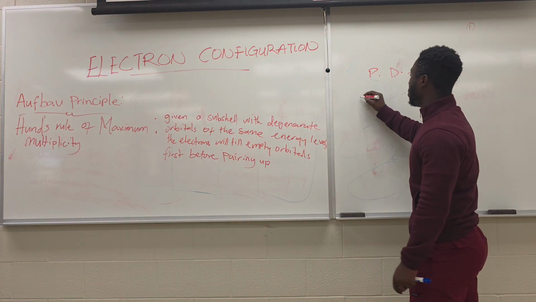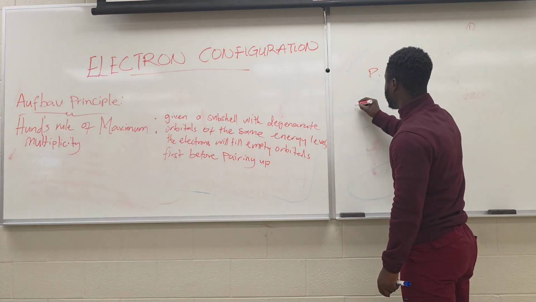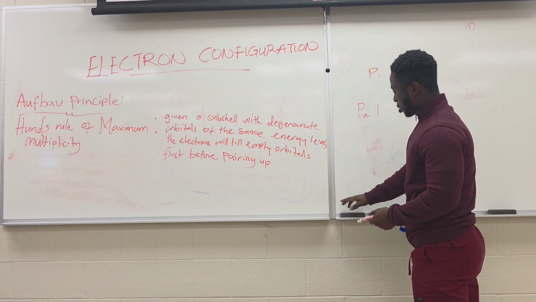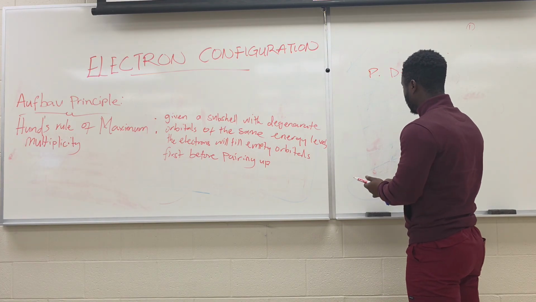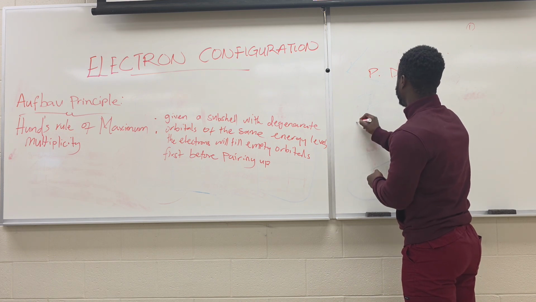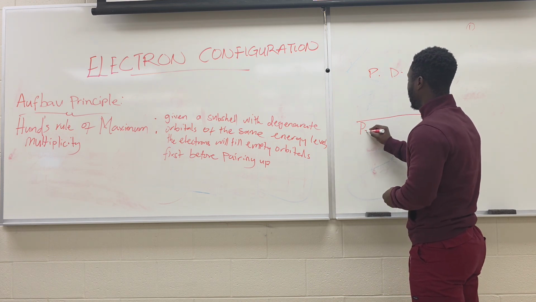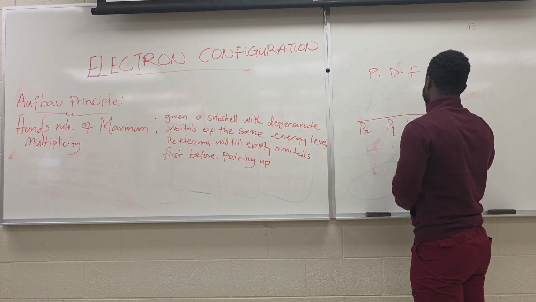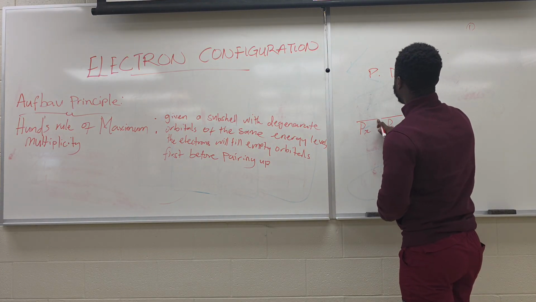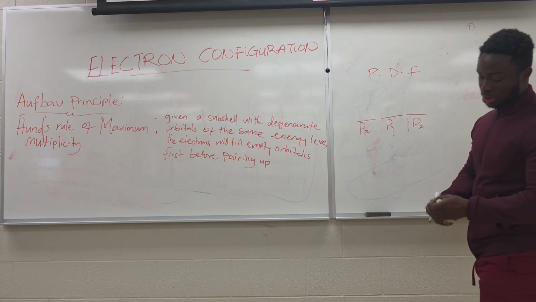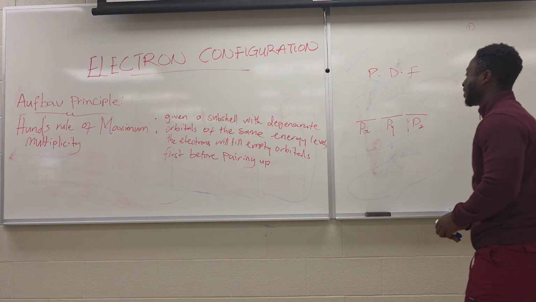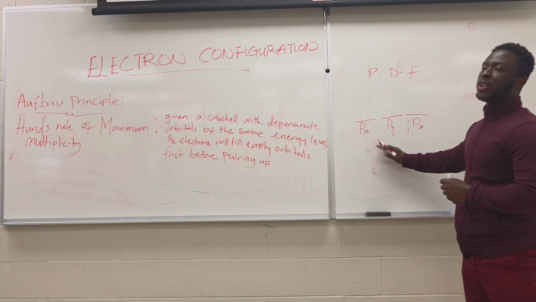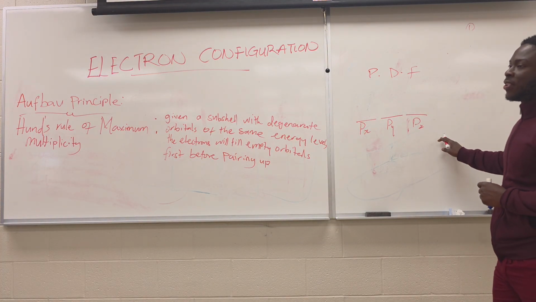So if we take the P orbital, for instance, we have Px, Py, and then Pz. Where I'm from in Ghana, there is a town or a city center called Pz. The rule says that the electrons would fill the empty ones first before pairing up.